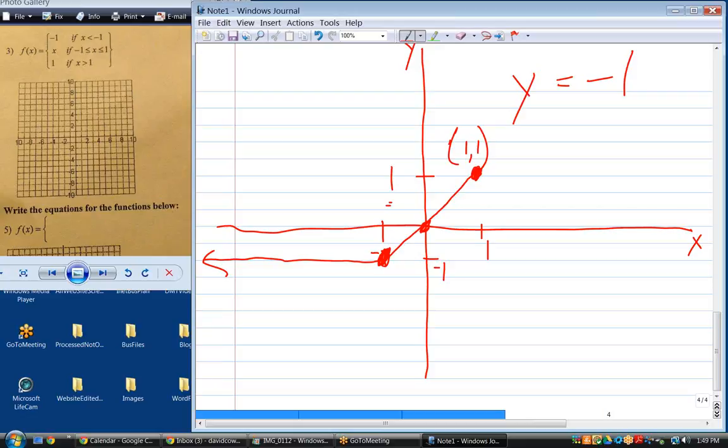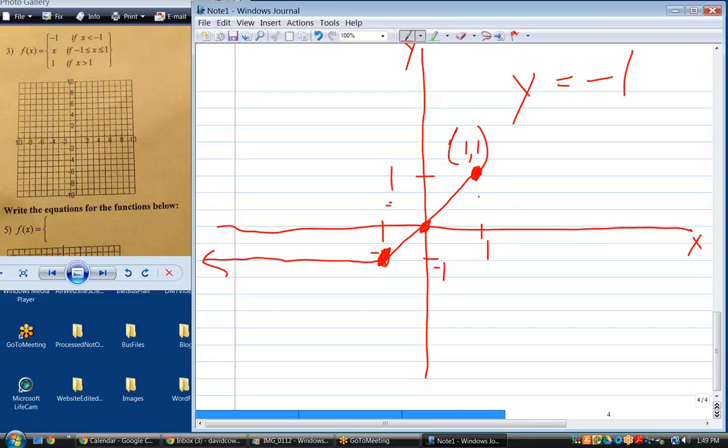Now, the very last part is everything to the right of 1. Well, what is y equal to the right of 1? In other words, to the right of 1, what is y equal to? 1.